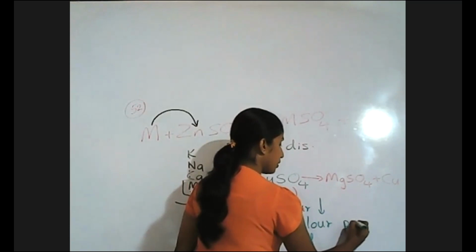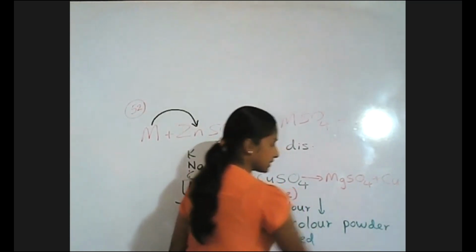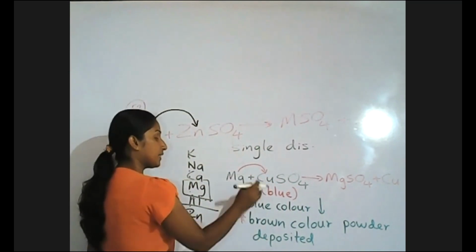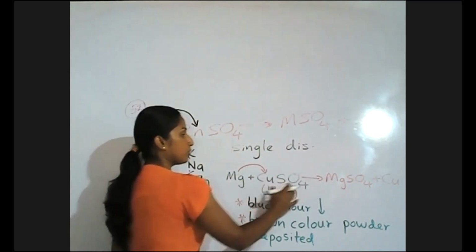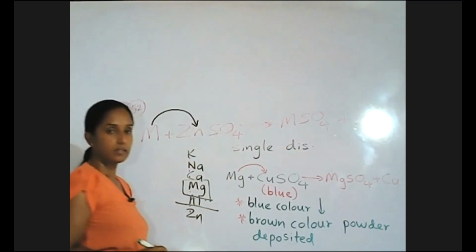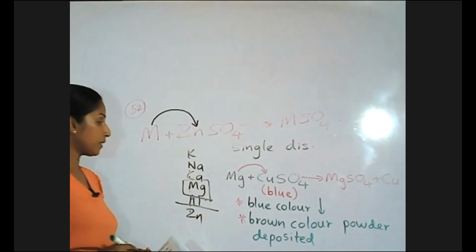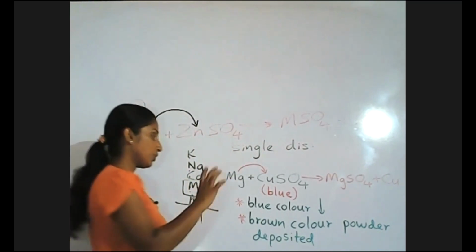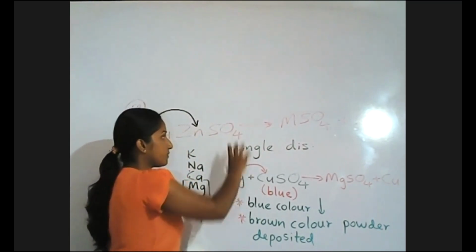So those are the observations. After writing the equation, we can conclude that it is copper. But here, these are the two observations. So it can be given as a question in this way.